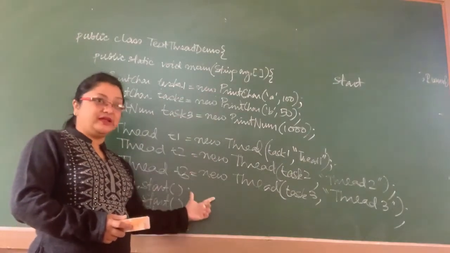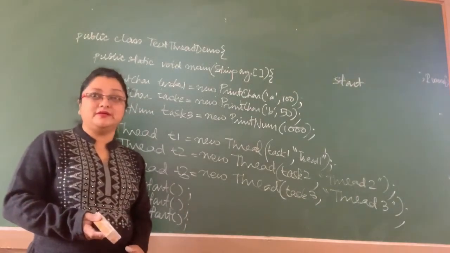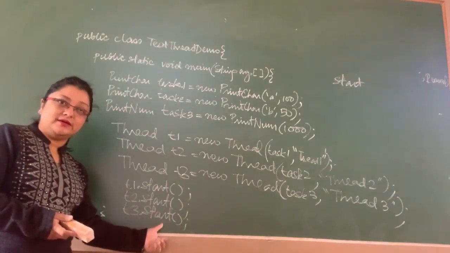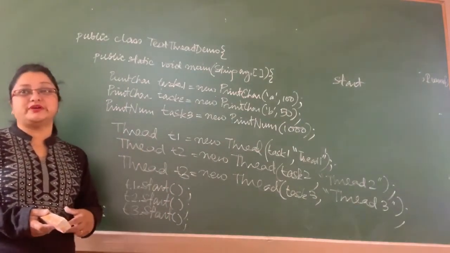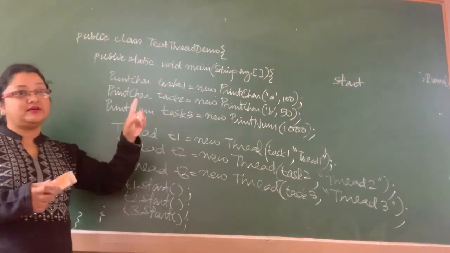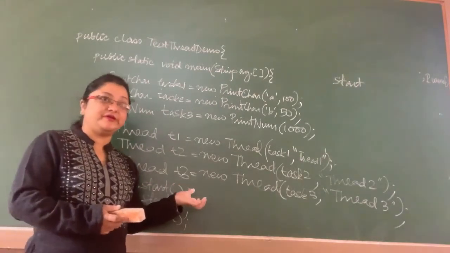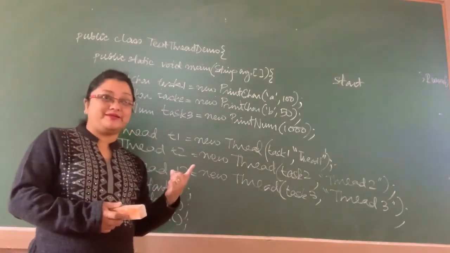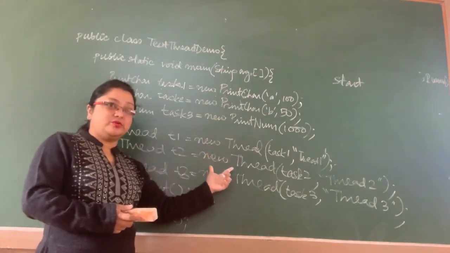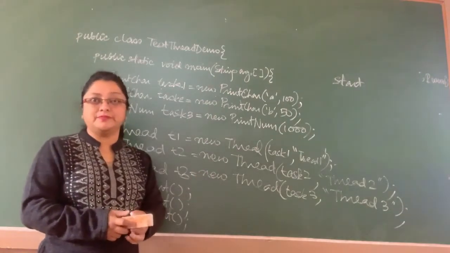So even though I have 3 threads started, there are actually 4 threads running. When you are executing all this code as a single threaded program, there must be one thread. The thread which is there by default in any main function is the main thread.